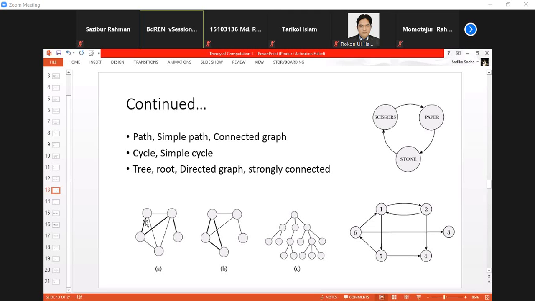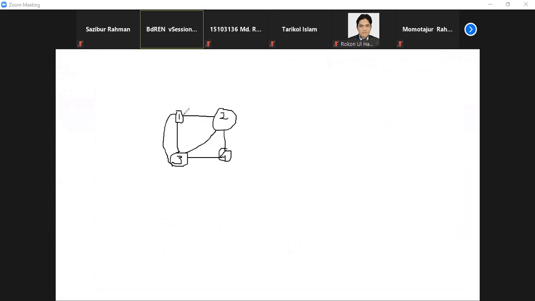So, if we consider the graph that I have drawn, let's go to the graph. If I want to go around, the start and end node will be 1. So what is the cycle here? 1, 2, 4, 3, 1. The starting node and ending node of this path is same. So 1, 2, 3, 1.